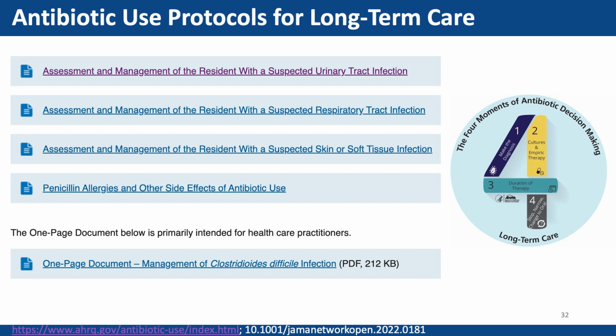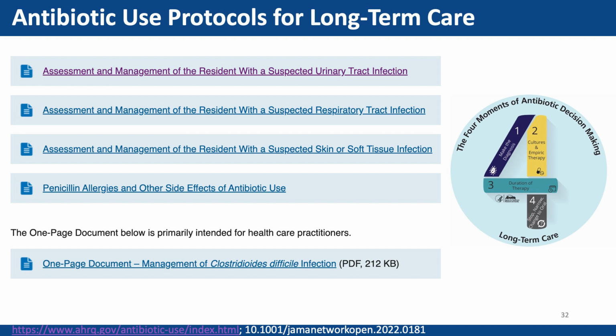There is a lovely array of antibiotic use protocols on the website. They are almost all one-pagers, almost all on one side of one page, with the references on the back. There's some for asymptomatic bacteriuria, suspected UTI, COPD, aspiration events, bacterial pneumonia, and influenza.